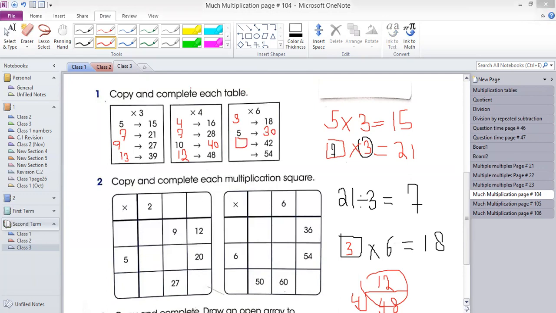Yes, Ahmad. Can you tell me what to write here in the box? What number should I write here?